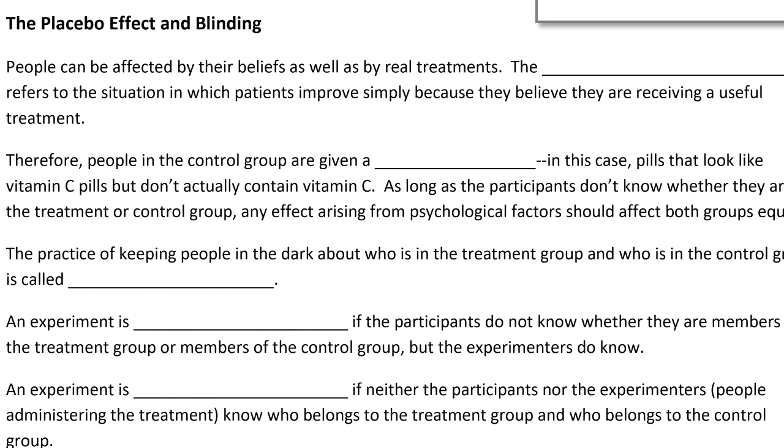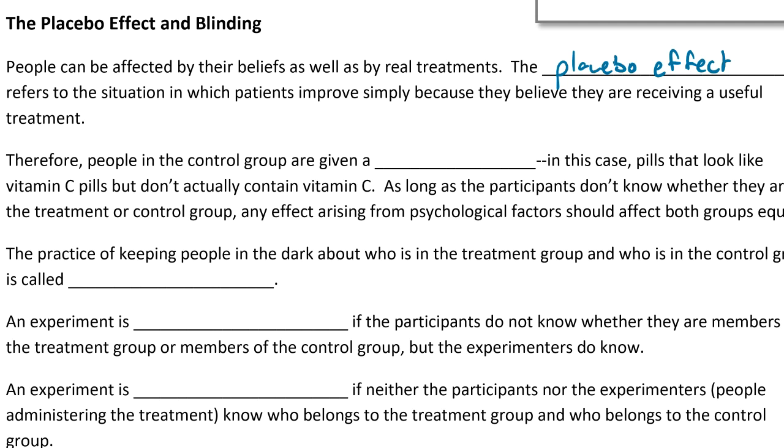And next up is the placebo effect and blinding. People can be affected by their beliefs as well as real treatment. So the placebo effect refers to the situation in which patients improve simply because they believe they are receiving a useful treatment.